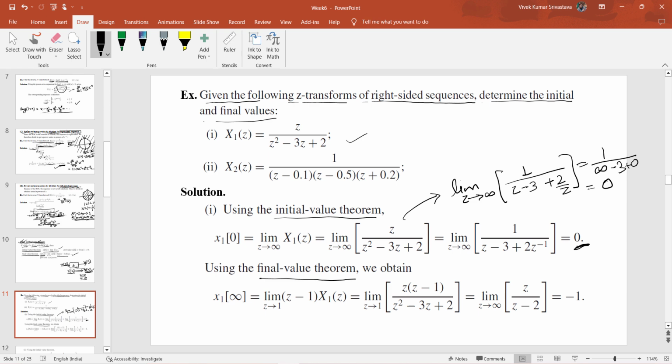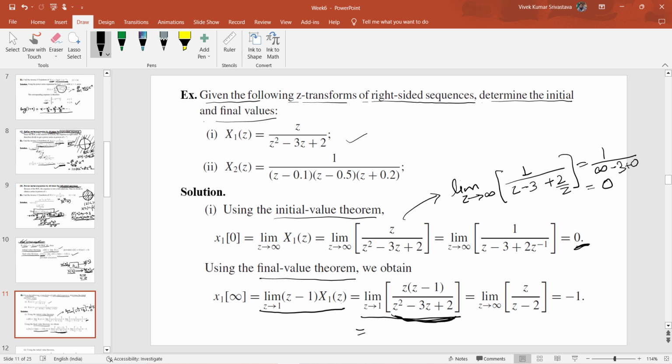And for finding out the final value, we will use this expression, that is limit z tends to 1 of z minus 1 times X1 of z. Once you put X1 of z here, you will get this expression. Here we can directly put z as 1, but before going ahead, we will first factorize this denominator.